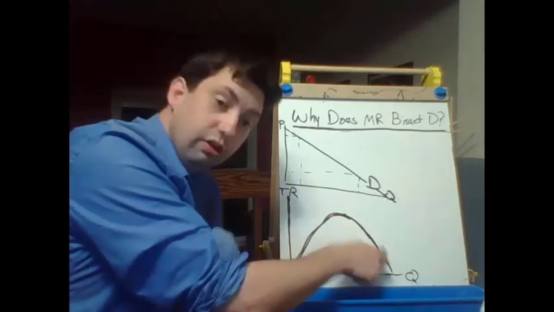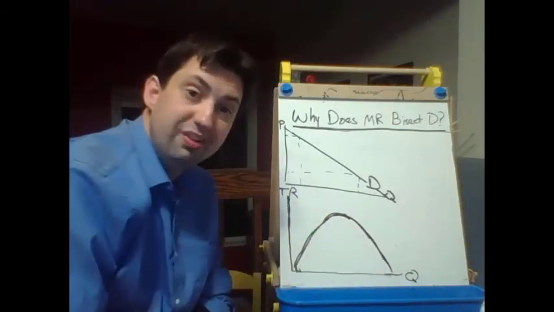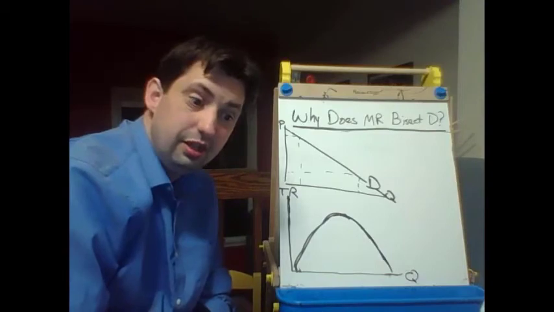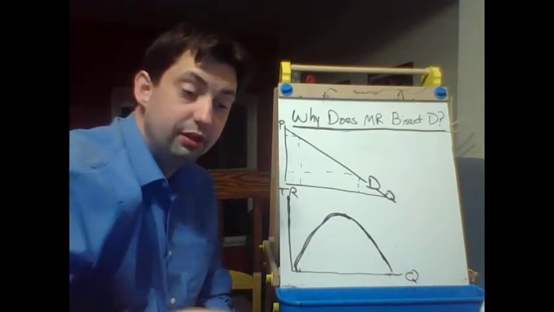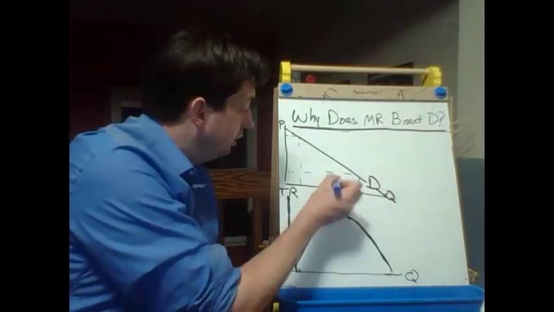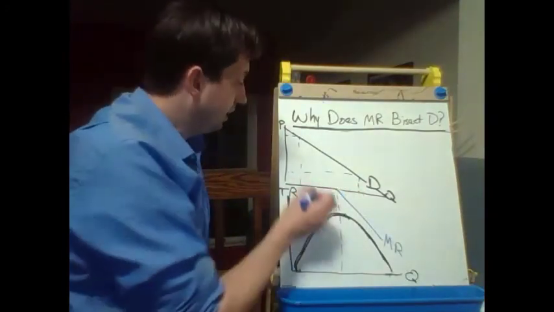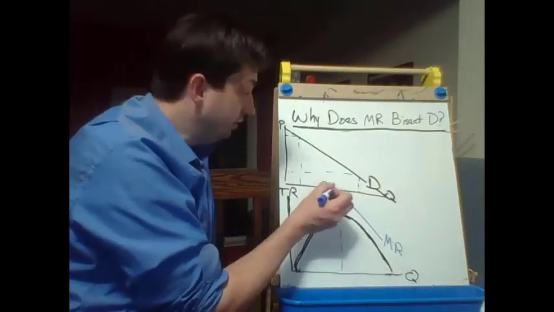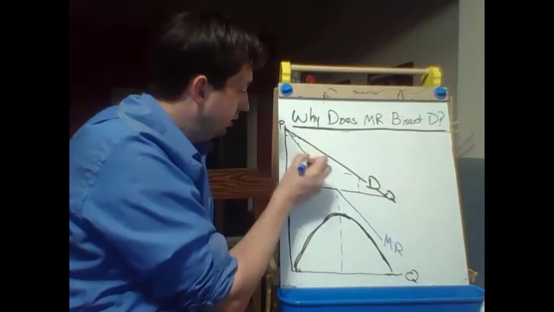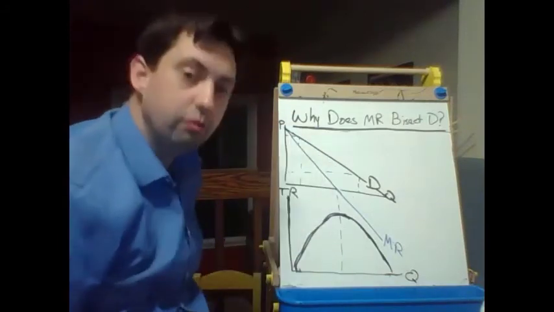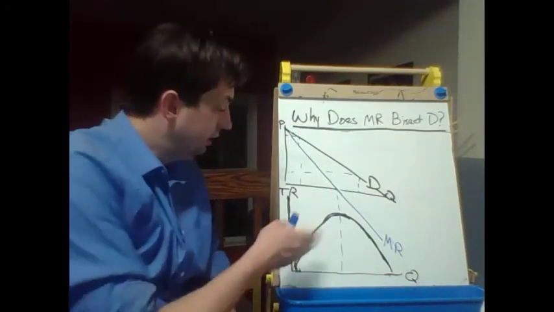Here the revenue is decreasing, which means marginal revenue is negative. If marginal revenue is negative, it has to be below the line. And if marginal revenue is positive, it has to be above the line.